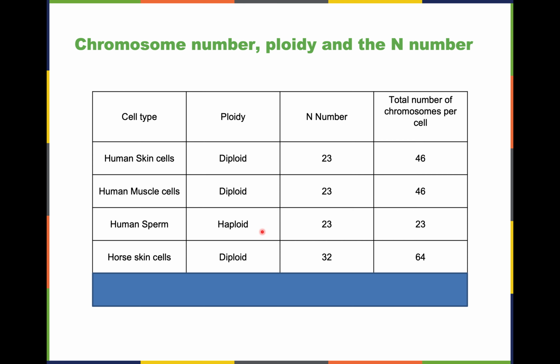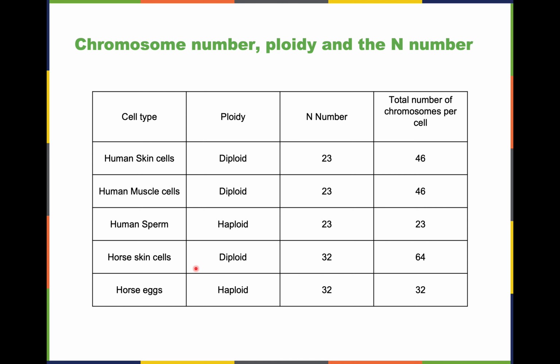This is true in other eukaryotic organisms. So in horse, a horse skin cell is diploid. The total number of chromosomes in one set, or in other words, the N number for the horse is 32. So since this is a diploid cell, then the total number of chromosomes in a horse skin cell is 46.